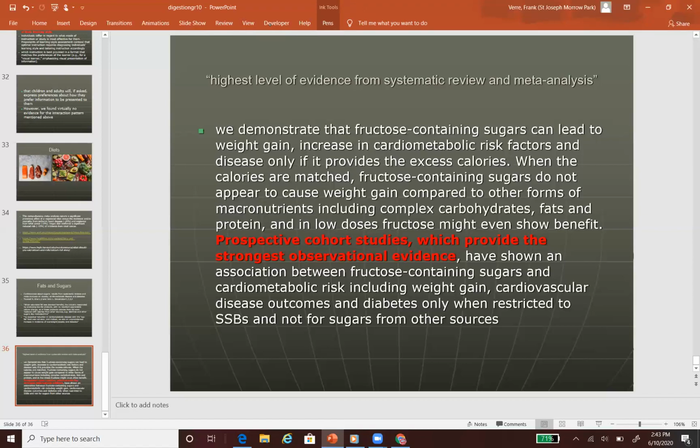So these are drinks that contain sugar in them. So apparently, the meta-analysis came back with a finding that people who drink a lot of sugary beverages are at a higher risk of things like obesity, cardiovascular disease, and things like diabetes. That was an interesting finding.